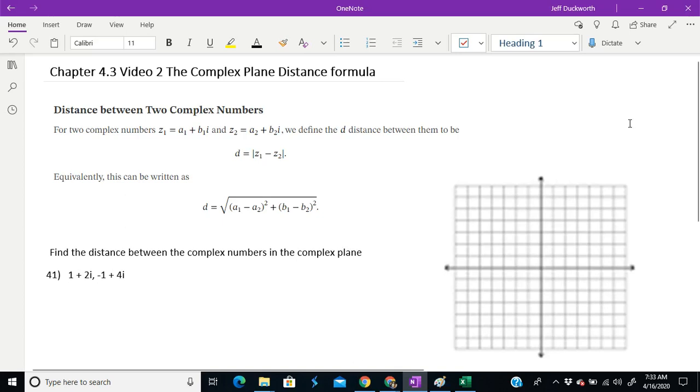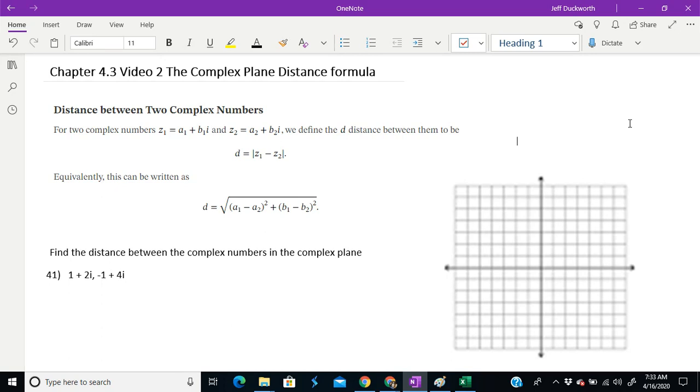The only other topic that we have to cover in 4.3 has to deal with the distance formula. So you should recognize something similar to this from algebra. The distance between 2 points in algebra is going to look very much like this.